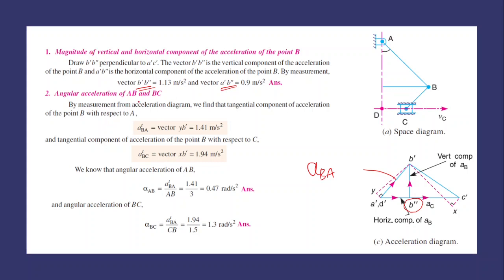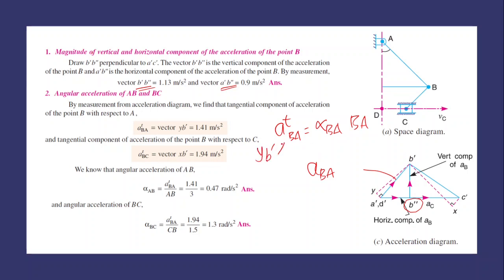Next, angular acceleration of AB and BC. Here we know that the tangential component of acceleration of B with respect to A is equal to alpha BA into BA. We have already found out this tangential component. That tangential component is equal to YB dash.